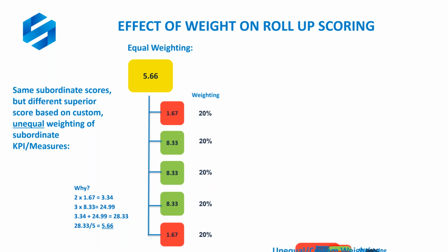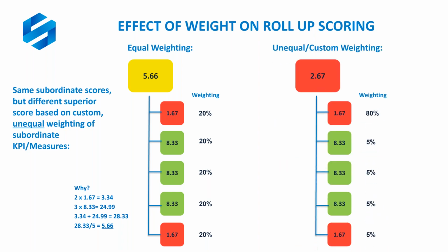But what if we have those exact same measure scores, the same 1.67 twice, the same 8.33 3 times, but notice here that under the weighting, we have increased the weight of the very first measure that is scored at 1.67. And we have identified that for whatever reason, this measure is 16 times more important, if you will, or should have 16 times the mathematical weight of any of its measure peers at that level.